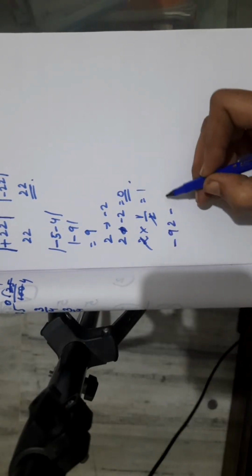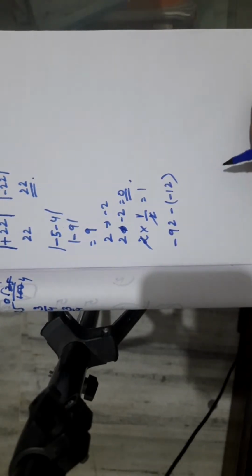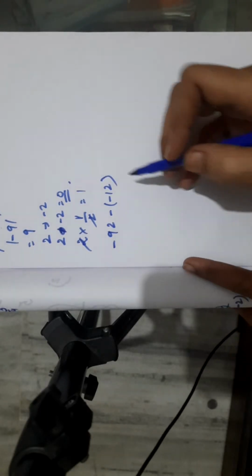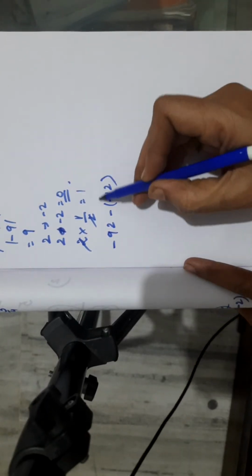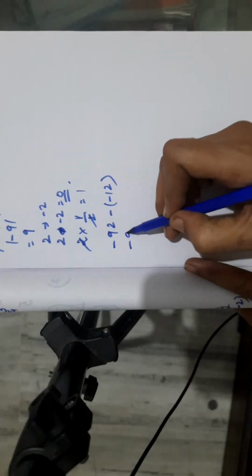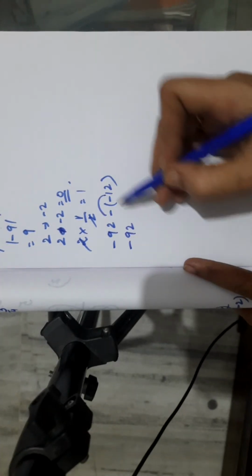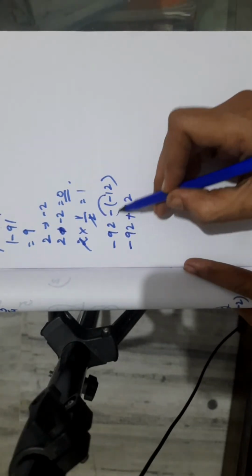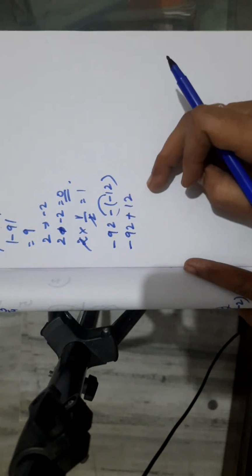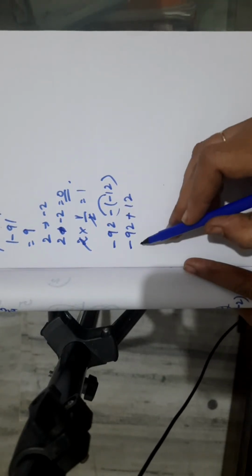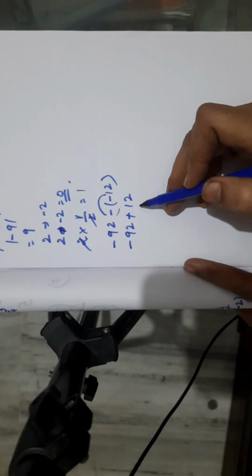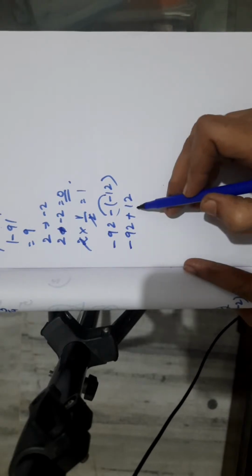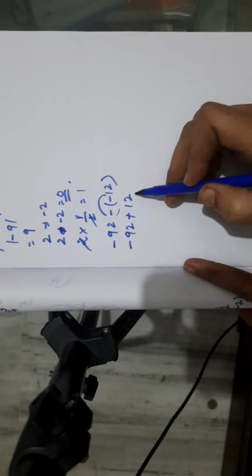Minus 92 minus 12. If the question is in this way, first you need to complete this part. Minus 92, this minus minus becomes plus. When we multiply, the sign will change, but during addition and subtraction, the sign will never change. Minus plus, it's minus. Minus 92 plus 12, we will be subtracting the numbers.